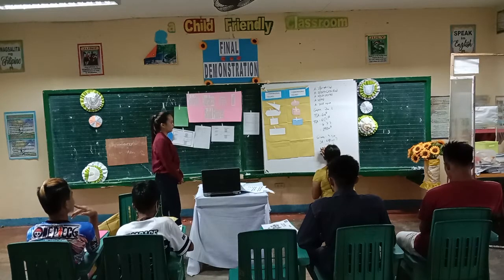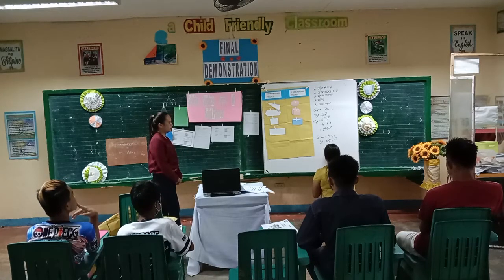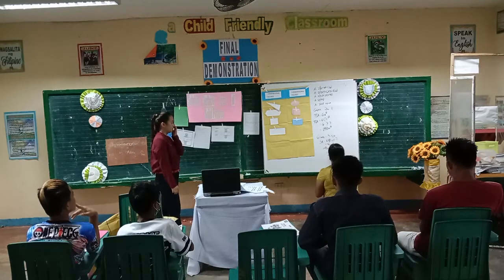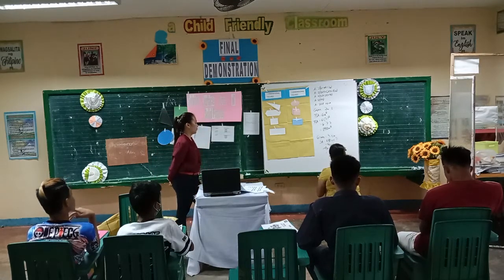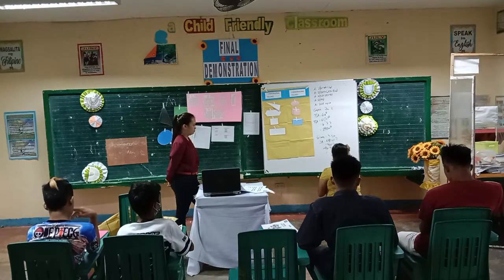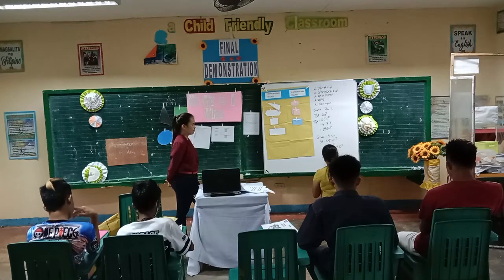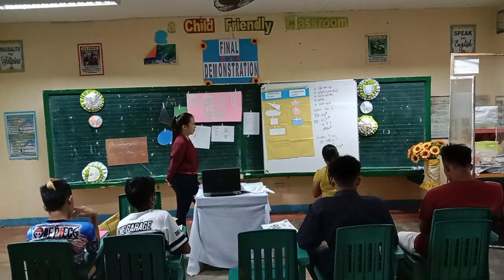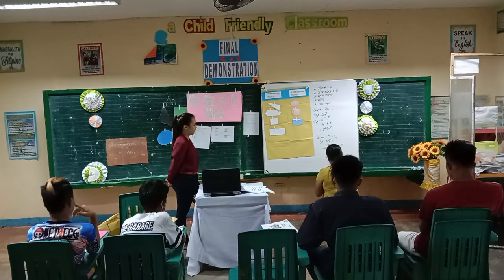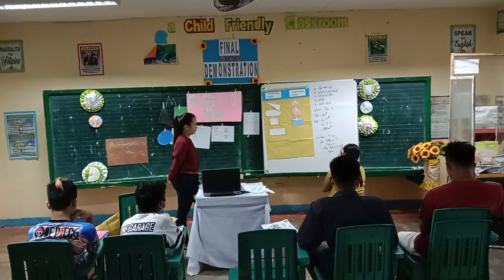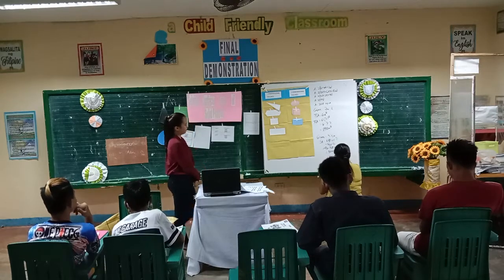So 4 times pi, which is equivalent to 3.14, times the radius, 5.5 squared, which is 30.25.